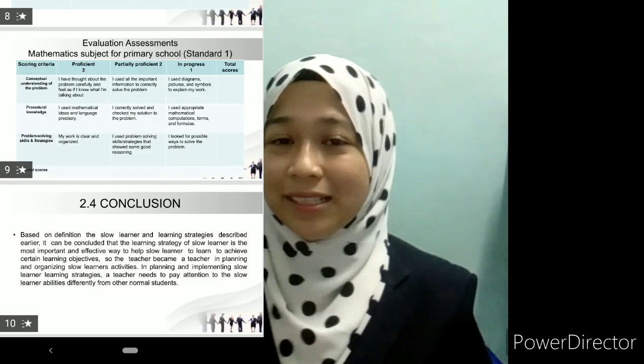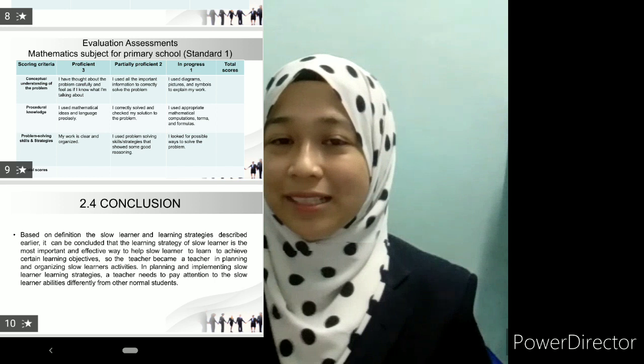So in conclusion, for my part, based on the definition of the slow learner and learning strategies described earlier, it can be concluded that the learning strategy for slow learners is the most important and effective way to help slow learners to achieve certain learning objectives.